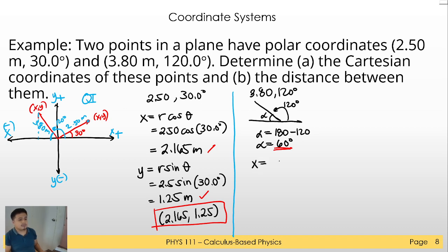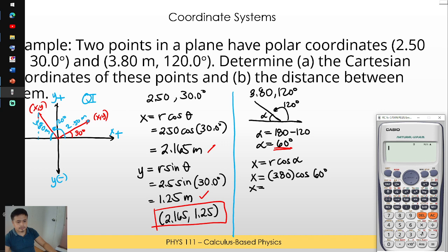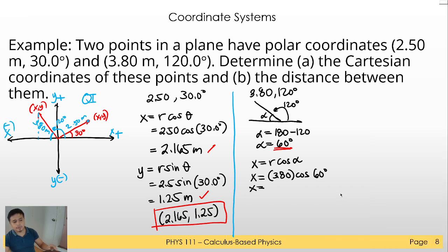So x is equal to r cosine theta, or actually alpha. It should be alpha. So x is equal to r, which is 3.8, and then cosine alpha, that is 60 degrees. So x is equal to 3.8 cosine 60, which should be 1.9.